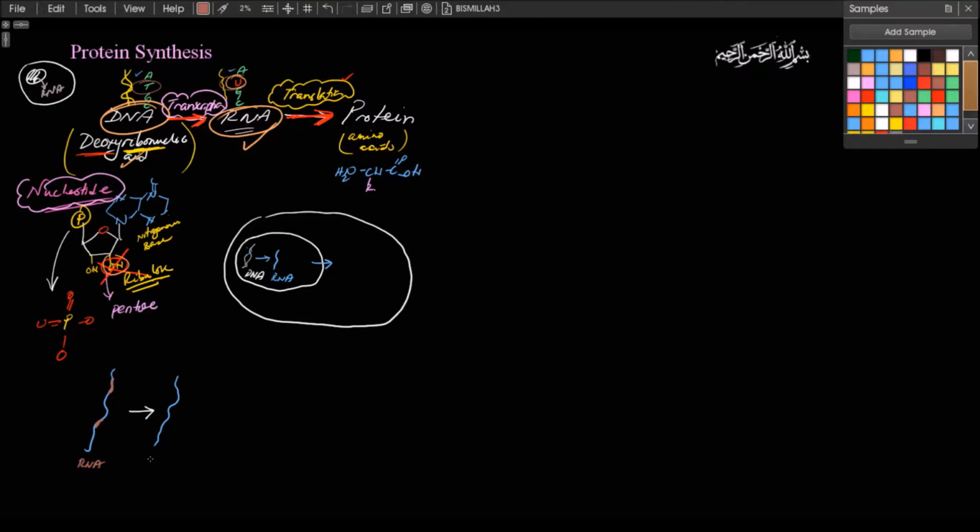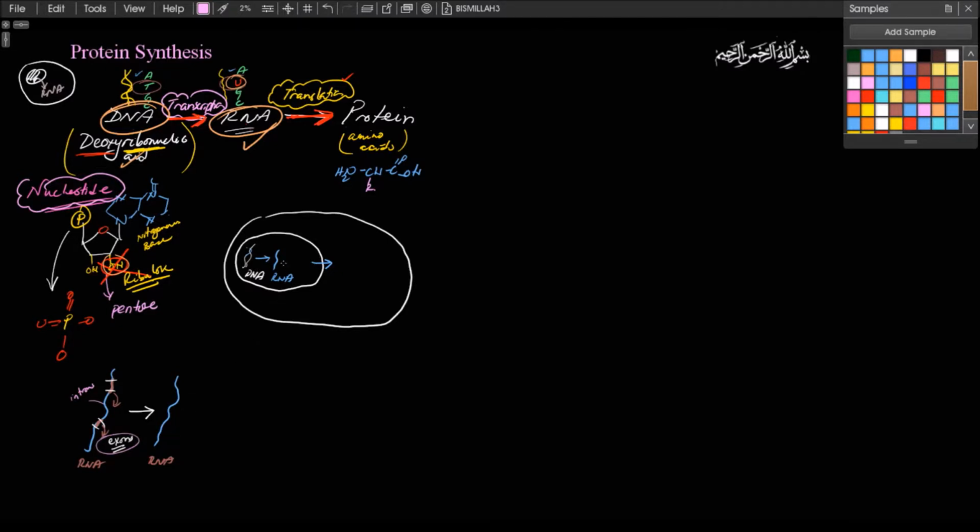So these are spliced out, okay, and these are taken out. Basically, you take scissors and you splice them out. They're enzymes, of course. They cut those pieces. They're called introns, and exons. The introns are the sequences that are excised and removed, and the mature RNA is over here.